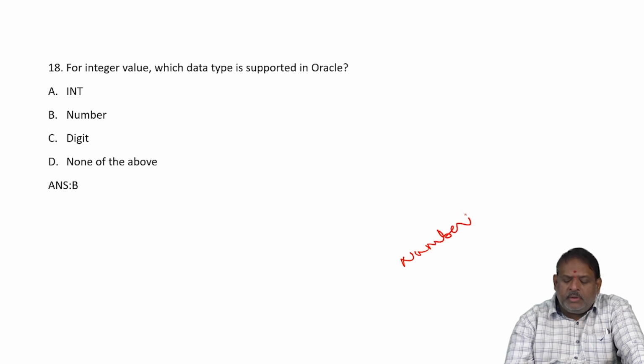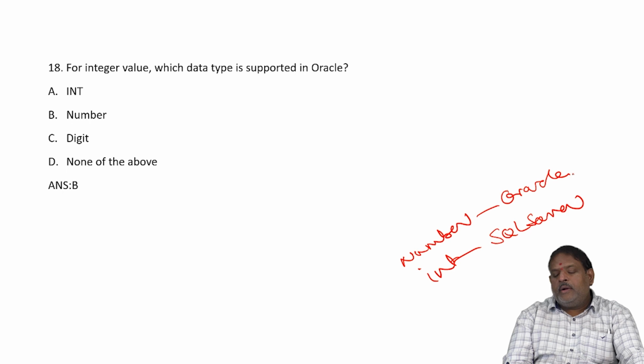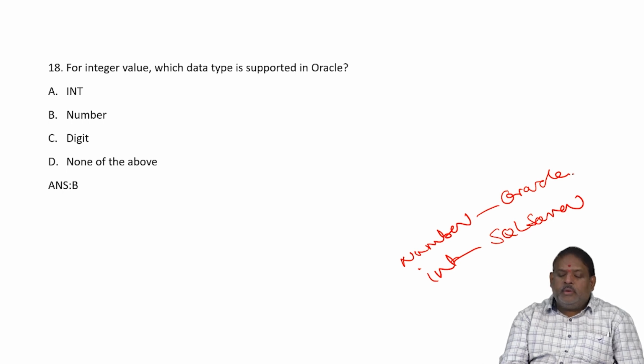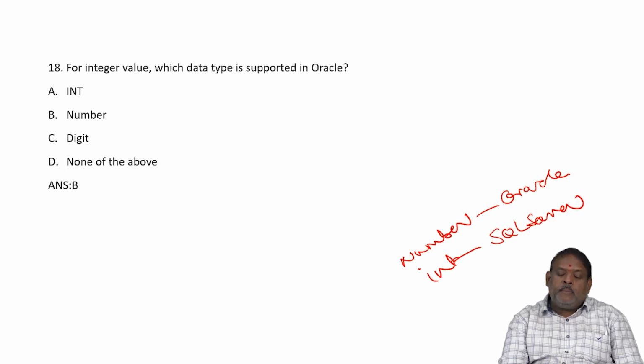In SQL Server, it is integer. So these are the corresponding compatible data types: in Oracle, to store an integer, we have number, and in SQL Server, we have integer.